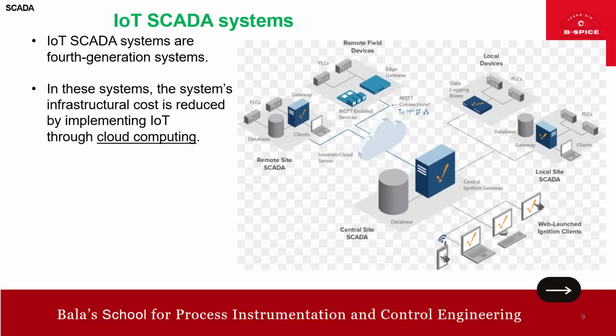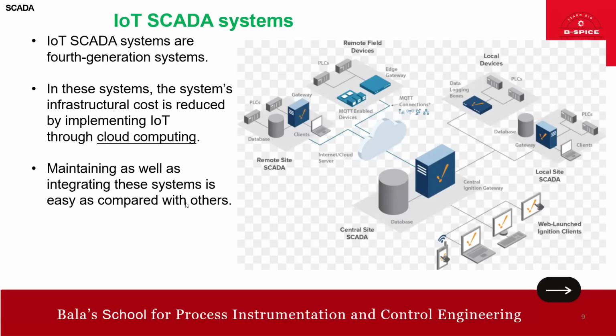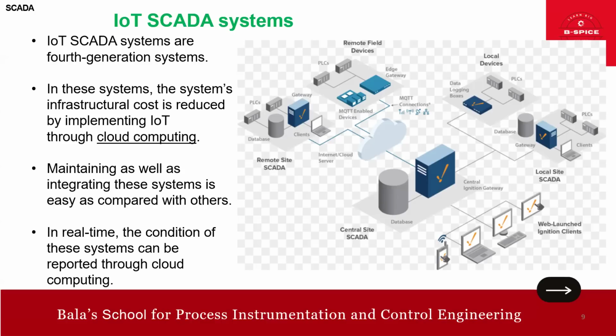In this system, the system infrastructure cost is reduced by implementing the IoT through cloud computing. That is the feature. So maintaining as well as integrating is easy. That is the important takeaway. In real time, the condition of the system can be reported through cloud computing. So that is about the IoT.